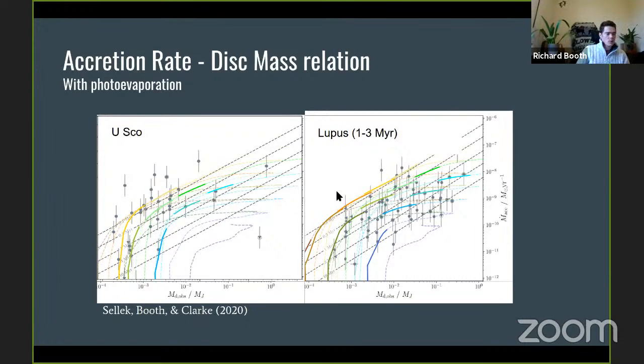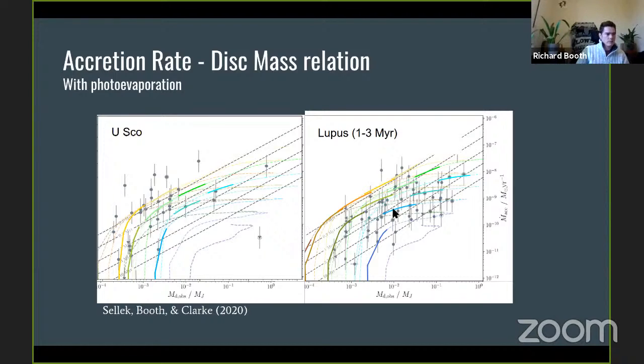In those models, once the accretion rate drops below the mass loss rate due to the wind, photoevaporation starts to open up a gap in the disk and stops material accreting onto the star. That removes this population of low mass disks with significant accretion rates. So we think that photoevaporation is explaining what's going on with these low mass disks late in their lifetimes.